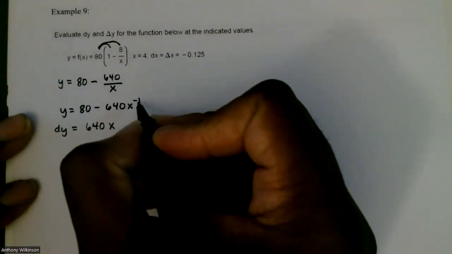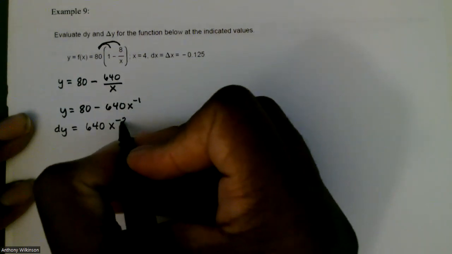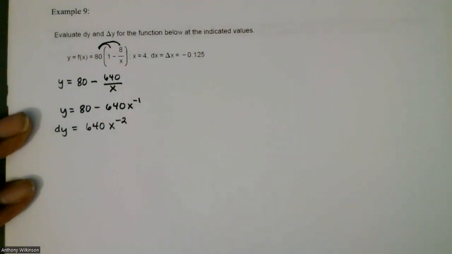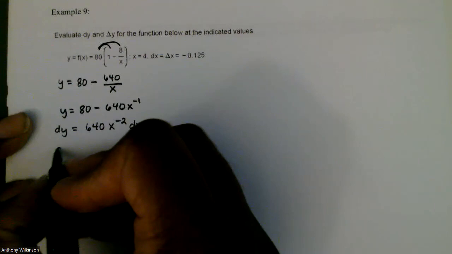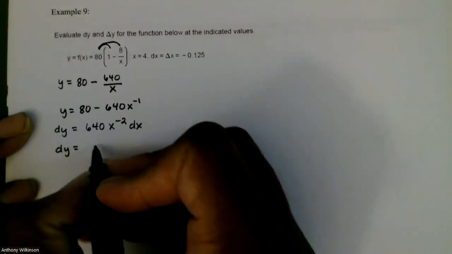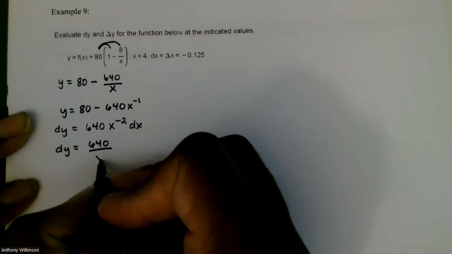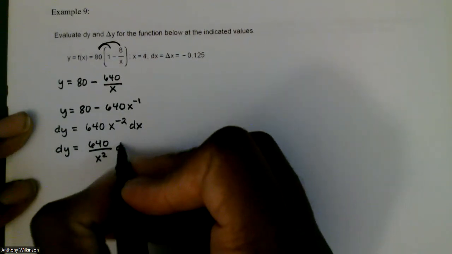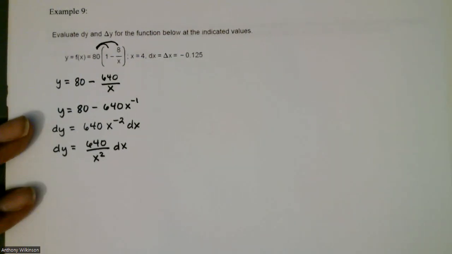Copy over the x to the 1 less power, so negative 1 minus 1 would be negative 2. And I'll go ahead and add on the dx. And also I'll write this using positive exponents, so dy is equal to 640 divided by x squared dx.